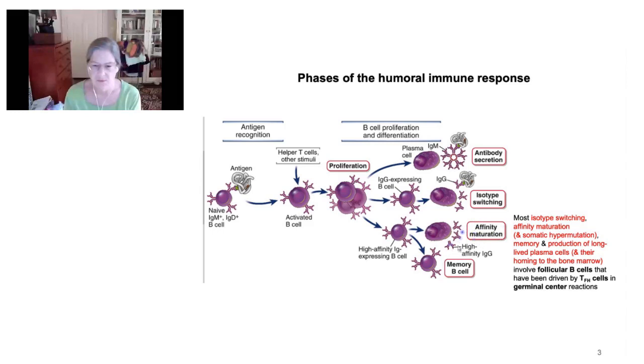And then finally, memory B cells will also differentiate out of that, which will then circulate through the secondary lymphoid tissues, so the lymph nodes and the spleen, etc., looking for the very same antigen to go through this whole process again, essentially.